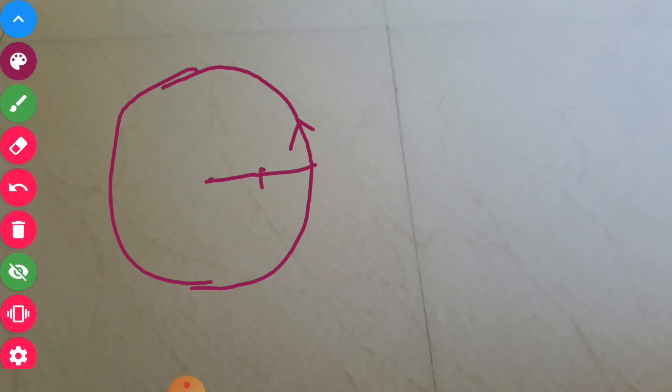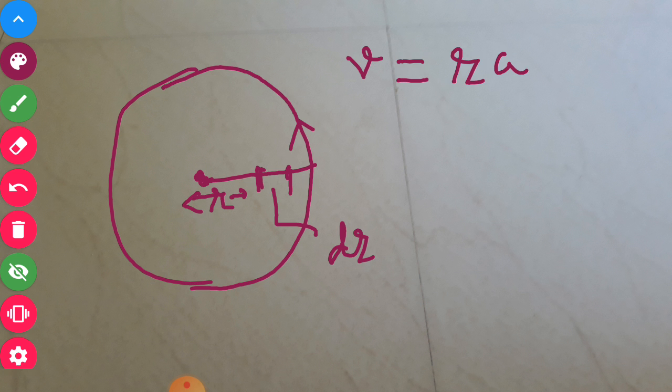Now consider a very small segment of length dr, at distance r from the center of the circle. So its linear speed v will become r omega, where omega is its angular speed.